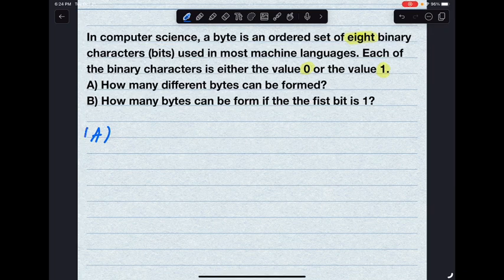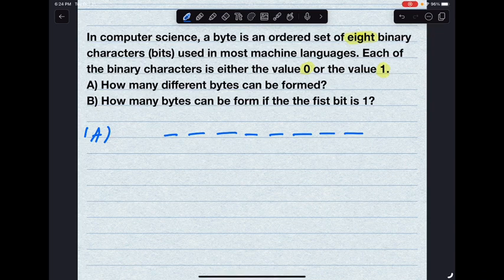We have 8 places, so there's order, there's no restriction, so that means we have repetition. A digit, 0 or 1, can be repeated. So we have 8 places.